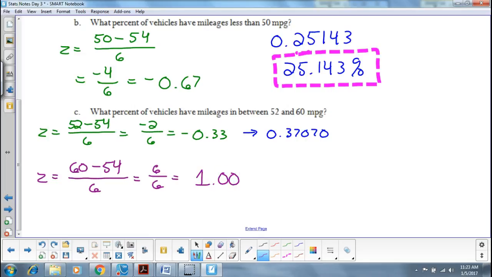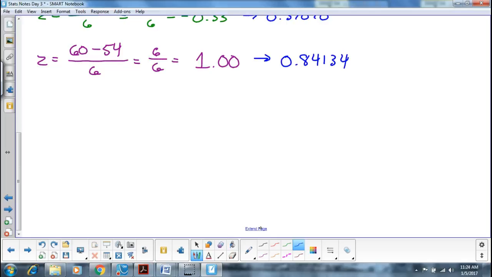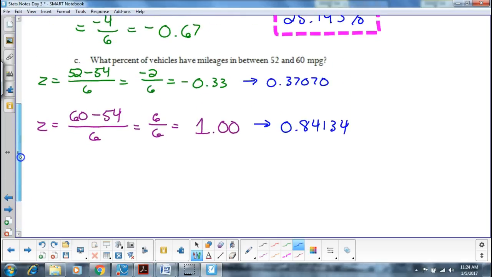That's a z-score of 1, which is 0.84134. Yes?